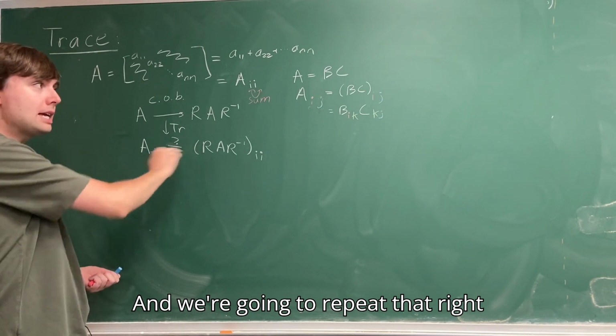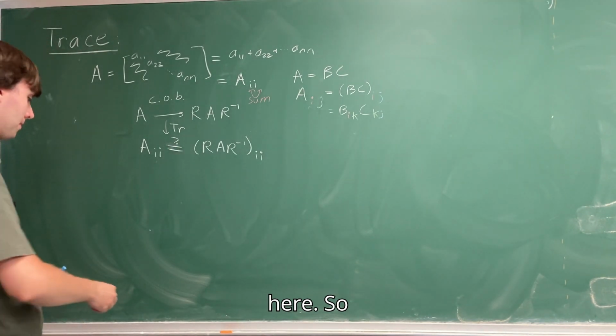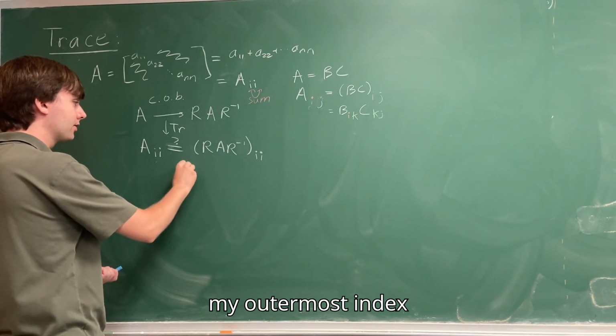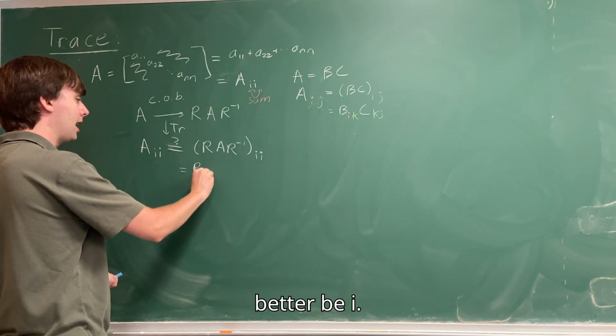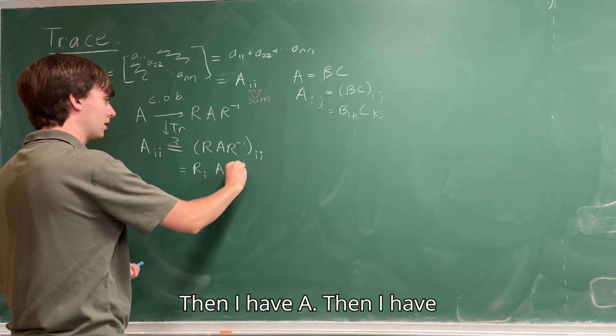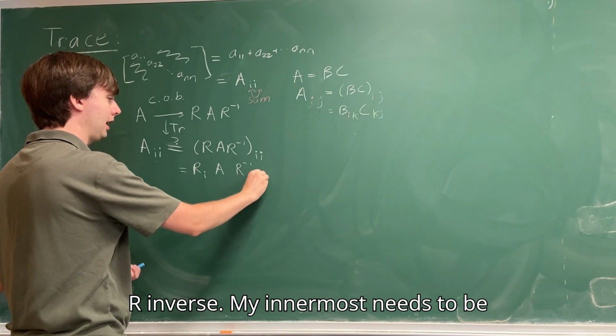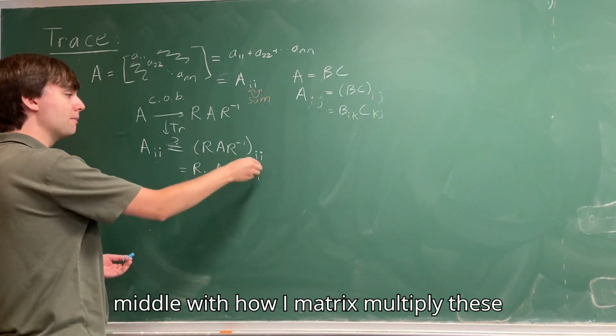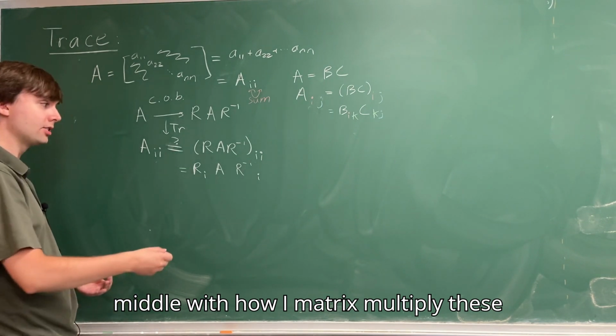And we're going to repeat that right here. So my outermost index better be I. Then I have A. Then I have R inverse. My innermost needs to be I. And now I can start filling in the middle with how I matrix multiply these together.